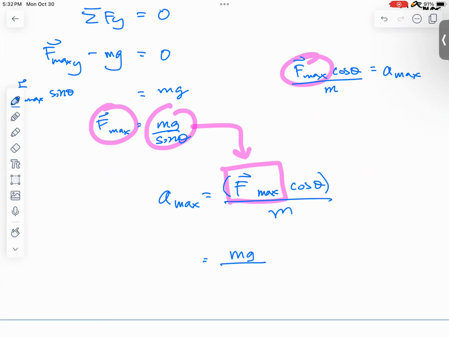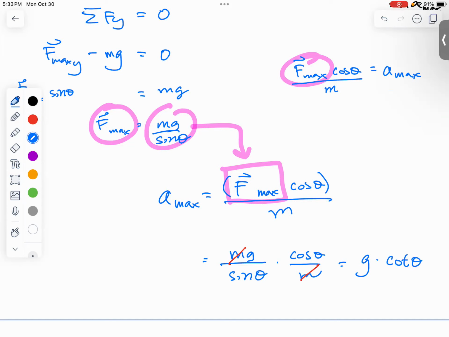So mg divided by sine theta times cosine over m. The m would get canceled out. So the final expression would simply be g times cotangent theta.